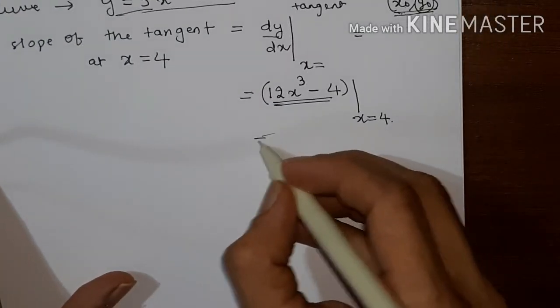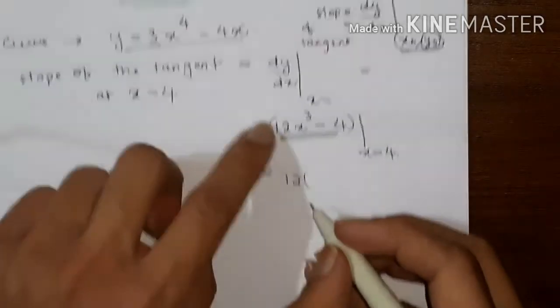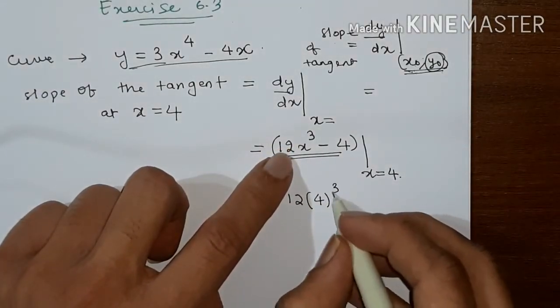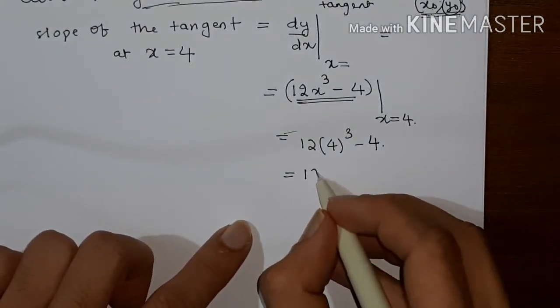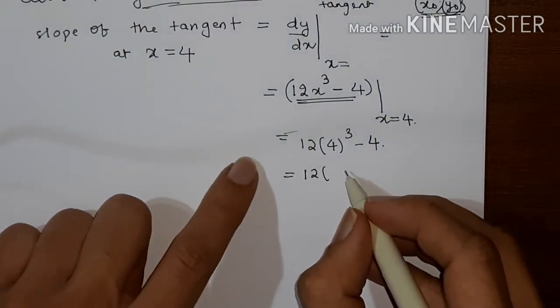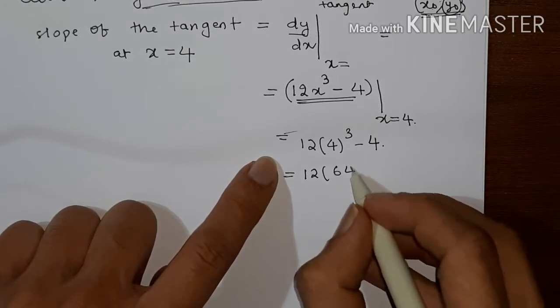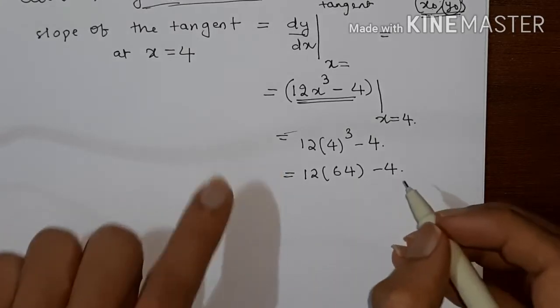So what you will get now? 12 multiplied by 4 cube, minus 4. 4 cube is 64, so 12 multiplied by 64, minus 4.